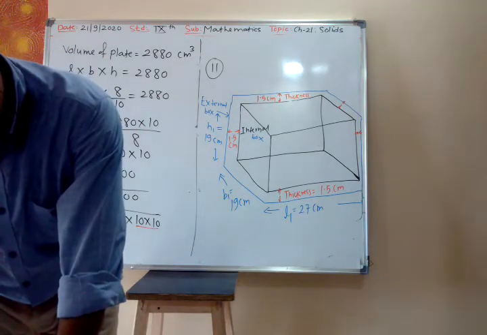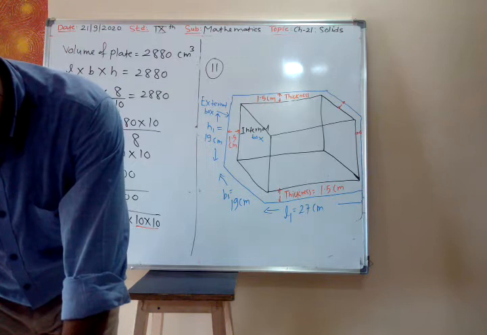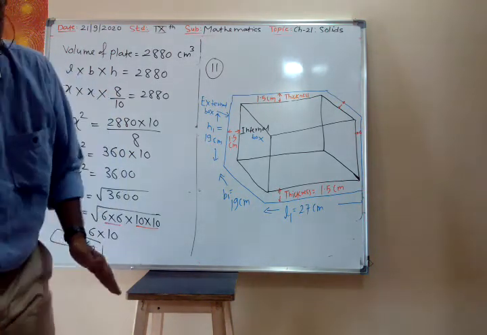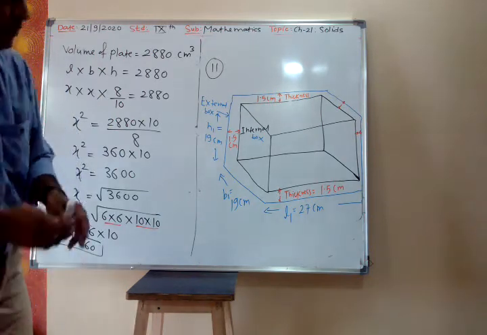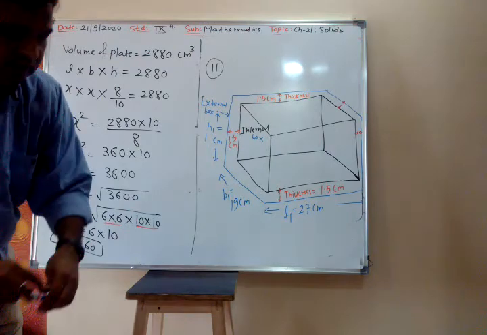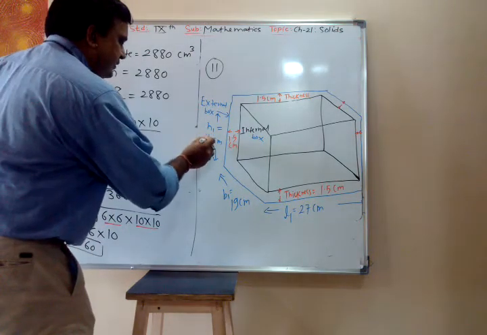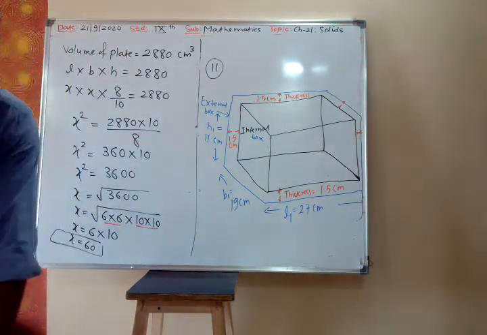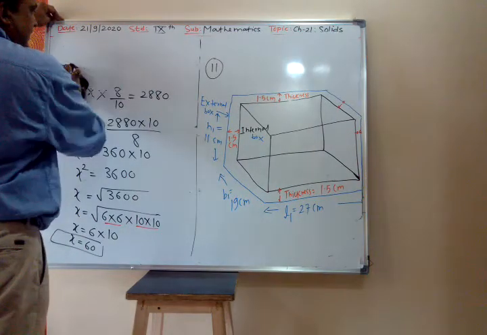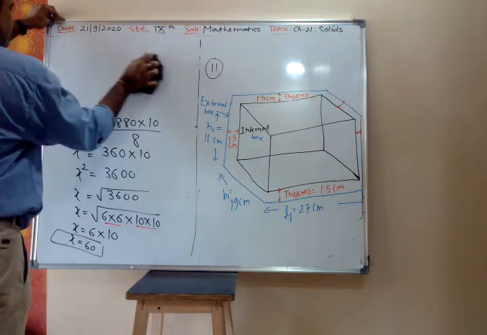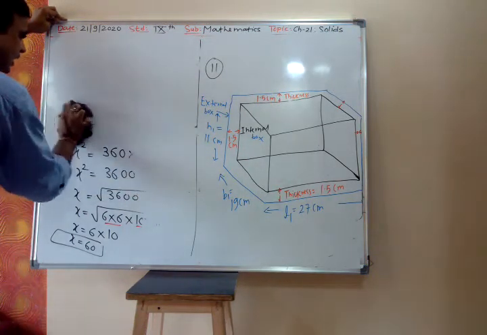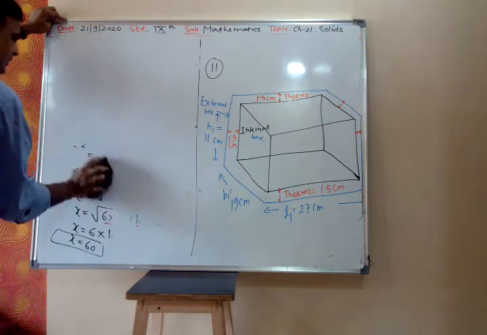Now it is asked, what is the volume of the wood? Height is given, 11 centimeter, and these are external dimensions. So how much volume of wood will be there?